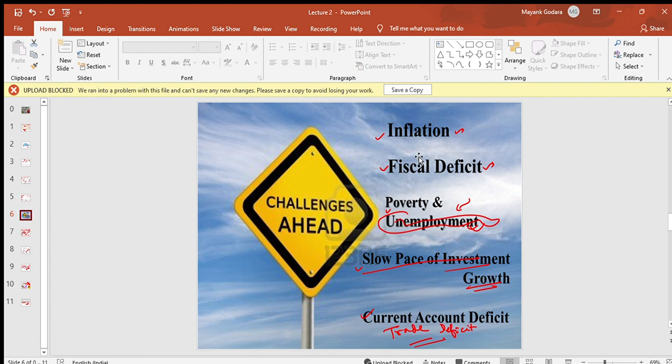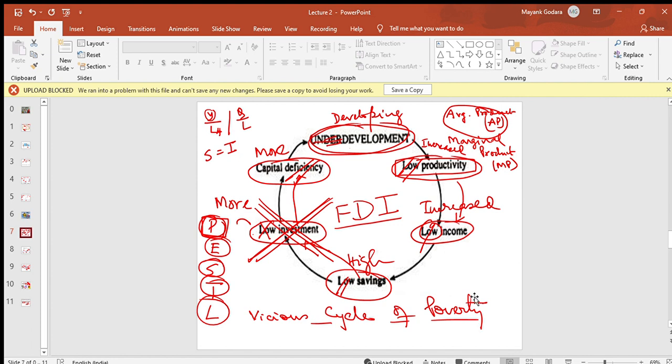So what are the challenges that the government faces? Inflation, the capacity of the fiscal, poverty and unemployment, slow pace of investment growth, current account deficit and trade deficit. In poor countries, the less developed countries like Ethiopia, what are the major problems? You can see that there is a complete cycle.